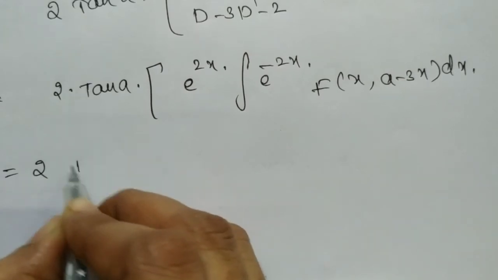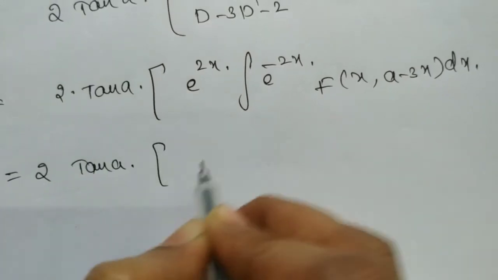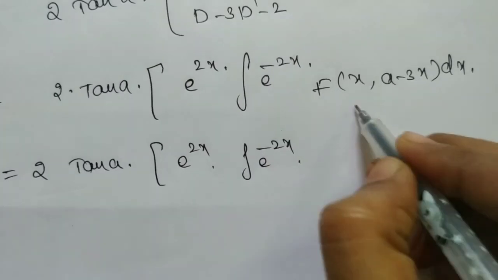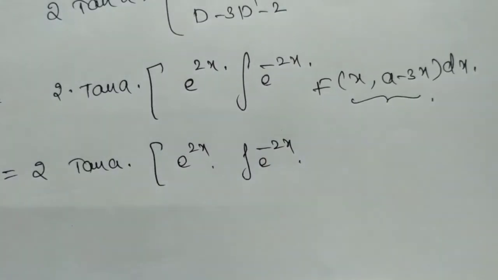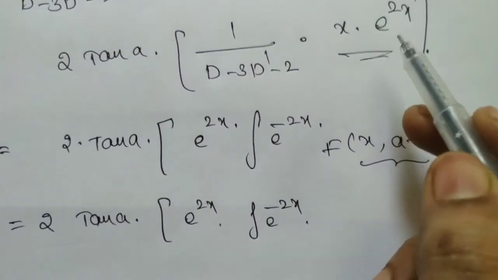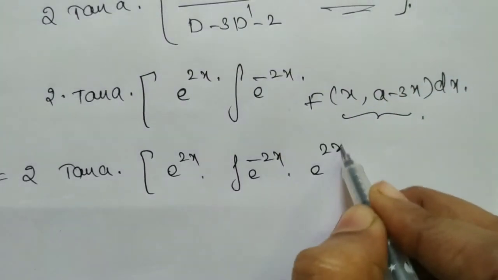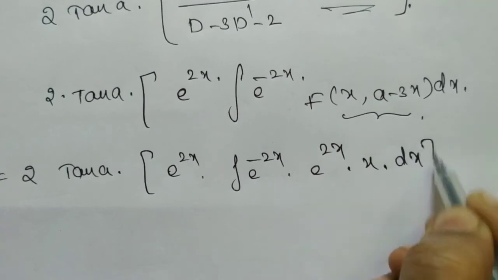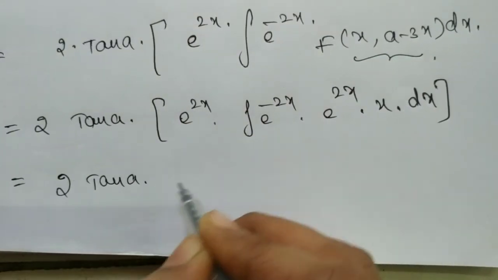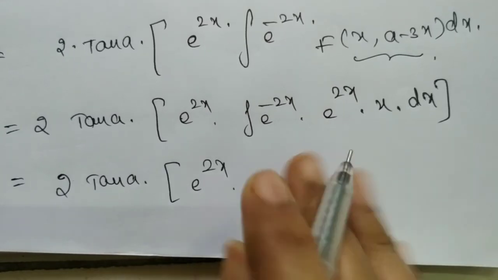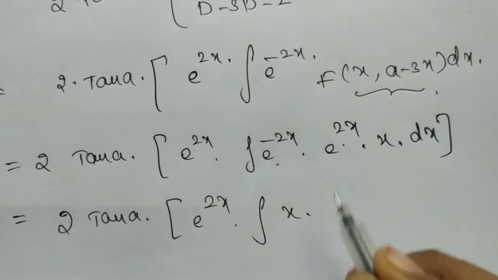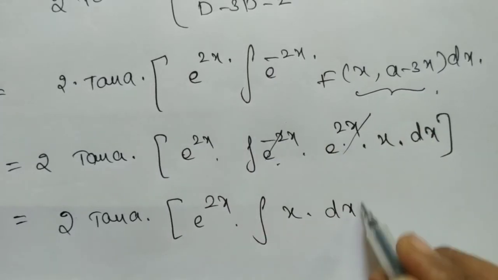So 2 into tan a into e power 2x into integration of e power minus 2x. So here f of x comma y function, that is x e power 2x, only x term, so that is e power 2x into x dx. So 2 tan a into e power 2x into integration of e power 2x cancelled, x dx.